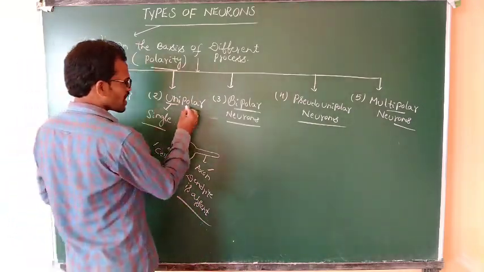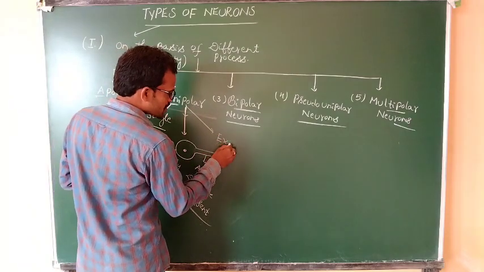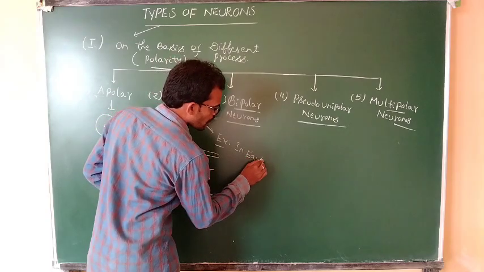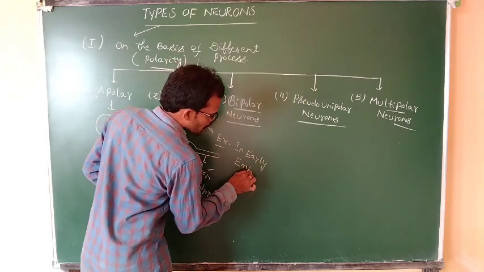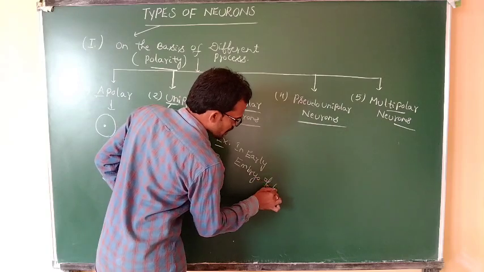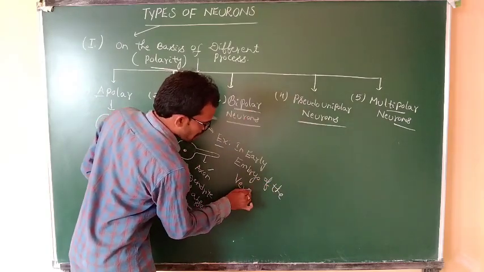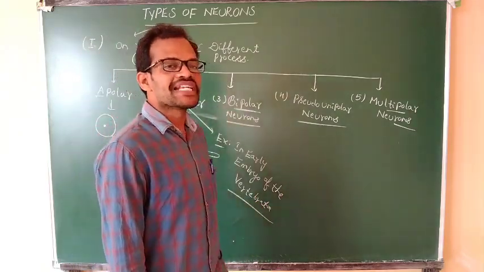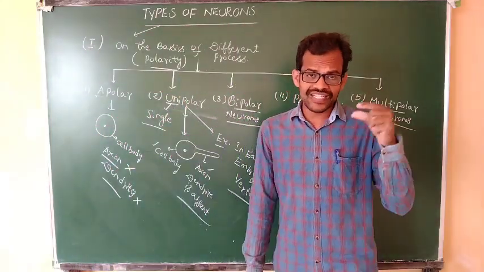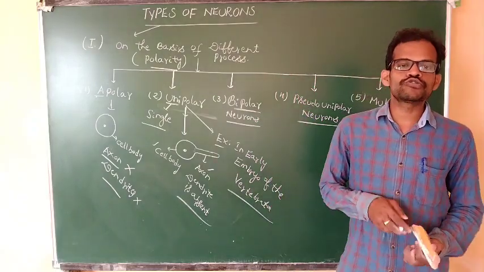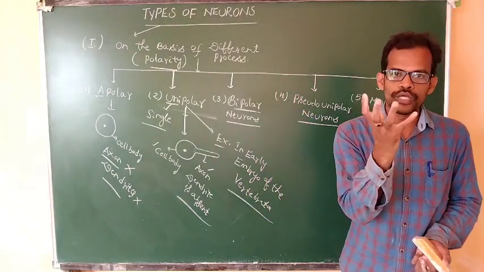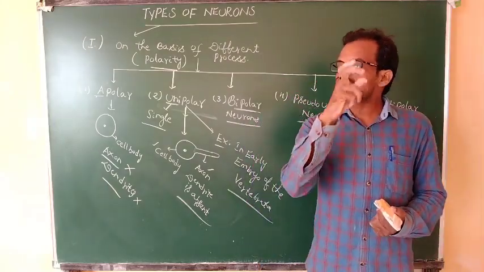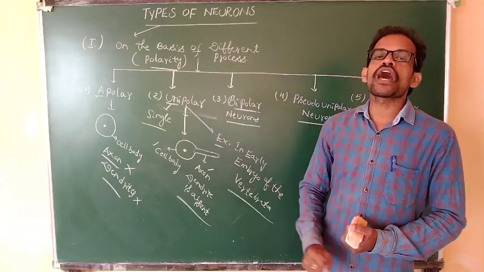What is the example for the unipolar neurons? In the early embryo of the vertebrata, at the time of the embryo condition, once the embryo is growing inside the mother's womb, the embryo consists of unipolar neurons.